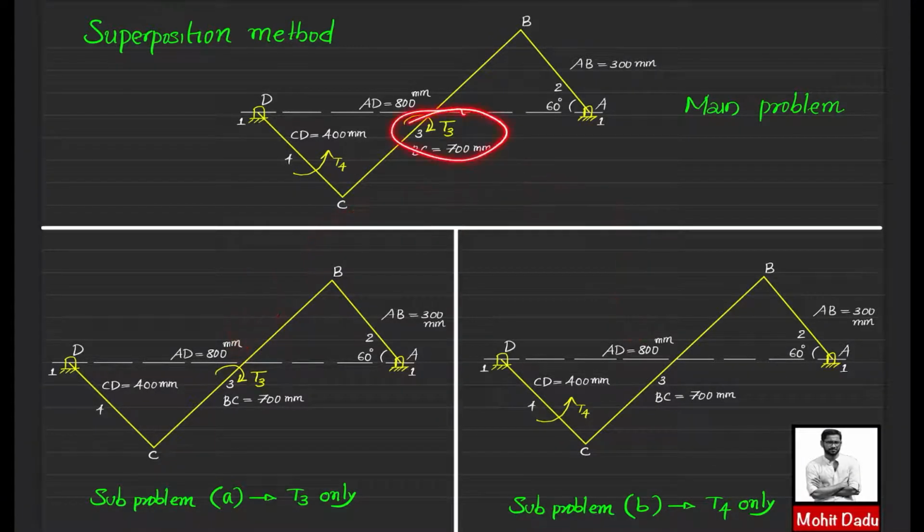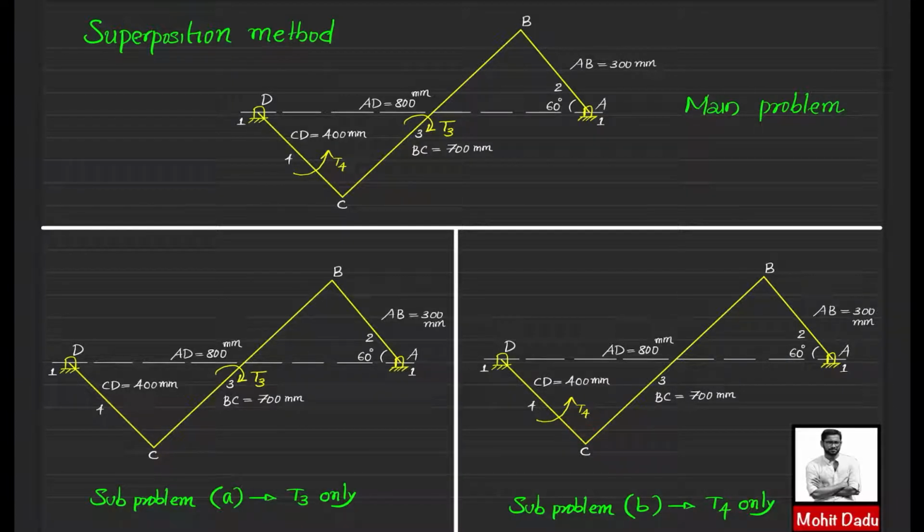That means when the effect of T3 is taken, T4 will be neglected, and when T4 is taken, the effect of T3 will be neglected. So according to the superposition method, we divide the main problem into 2 sub cases and solve them.